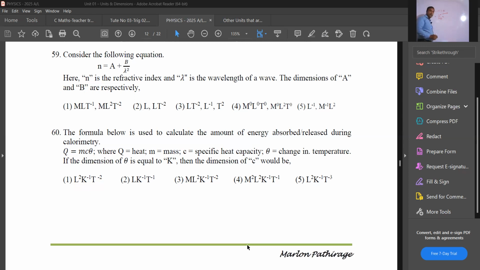So Q is equal to force into distance, which means M L squared T minus 2. Over M and K, we take K as the dimension of theta. Now you have to simplify this, so it is equal to L squared K minus 1 T minus 2.